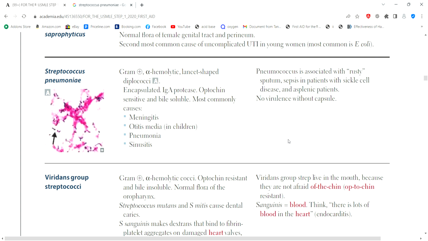So there's something you need to know here, because strep pneumo has a capsule. You need a spleen to get rid of it. People who don't have a spleen can easily get Streptococcus pneumonia. Basically, Streptococcus pneumonia, Neisseria, and Haemophilus influenza will all be opsonized.